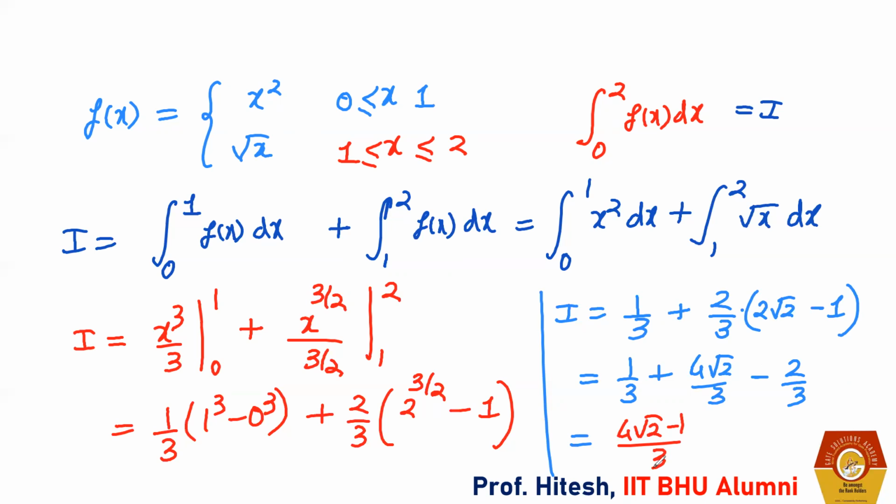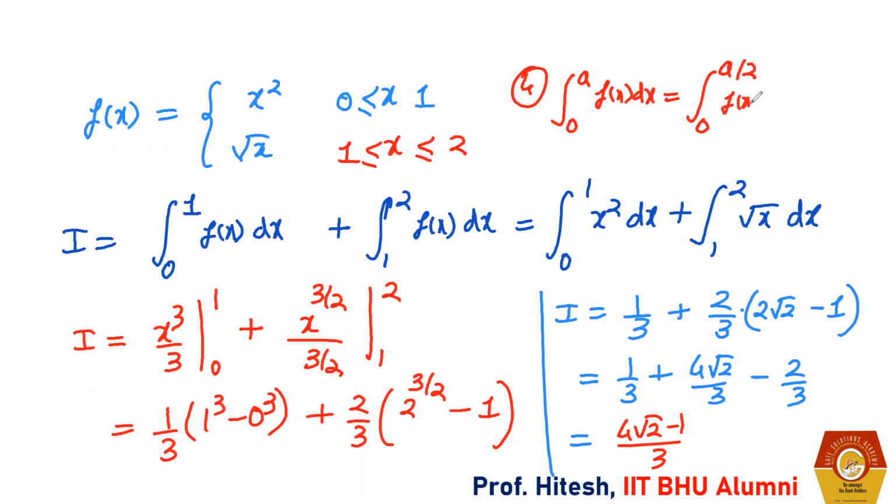Okay, let's please write it. For this, let me give you one property. Property number 4. You can use that property also, but there is no use, and directly we can solve. So property number 4: integral 0 to a of f of x dx, I can break it into 0 to a upon 2 plus a upon 2 to a, so we can write 0 to a by 2 only and f of a minus x dx.